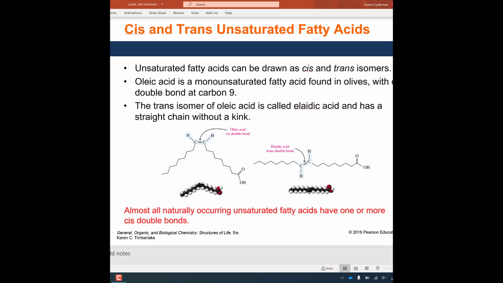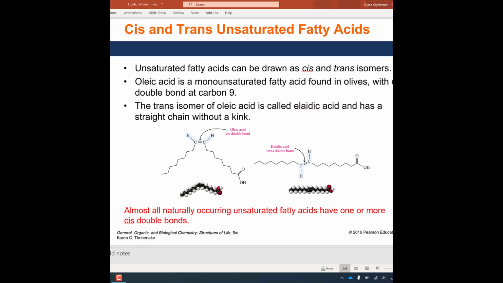And when we've got a cis versus trans double bond within these really long carbon chains, it's going to affect the layout, the 3D shape of these fatty acid chains. And so this really dives into the health outcomes of eating and consuming these.